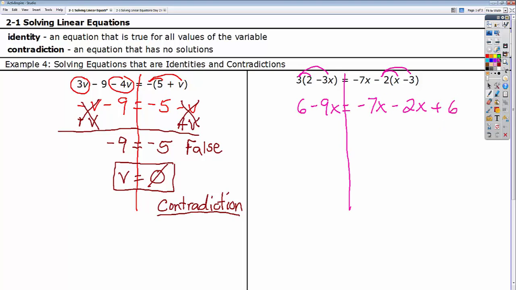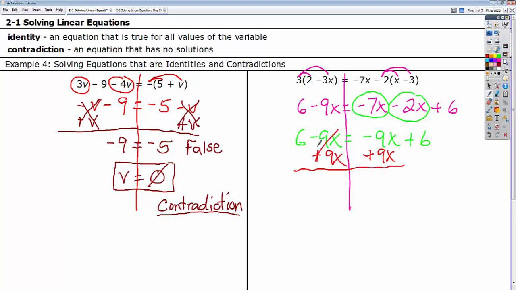Then we're going to combine our like terms, negative 7 and negative 2. That's 6 minus 9x equals negative 9x plus 6. Get your variables on the same side, so add 9x to both sides. Cancels, cancels, 6 equals 6.